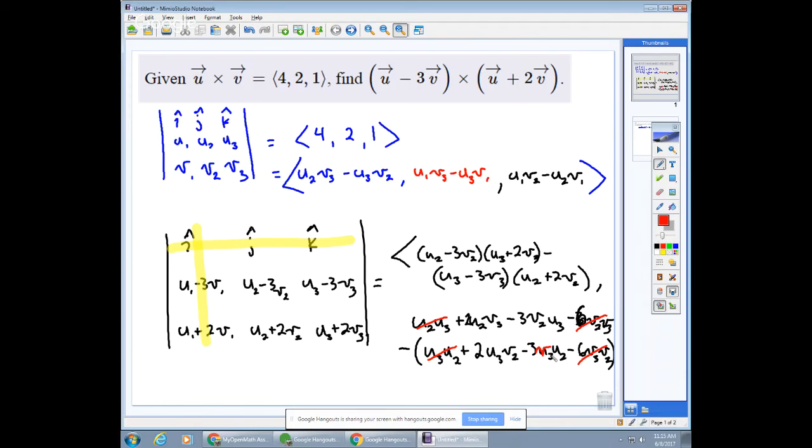All right, so these two match, right? So we're going to have a 5 U2 V3, and then a minus 5 U3 V2, which is 5 times this guy right here, right?